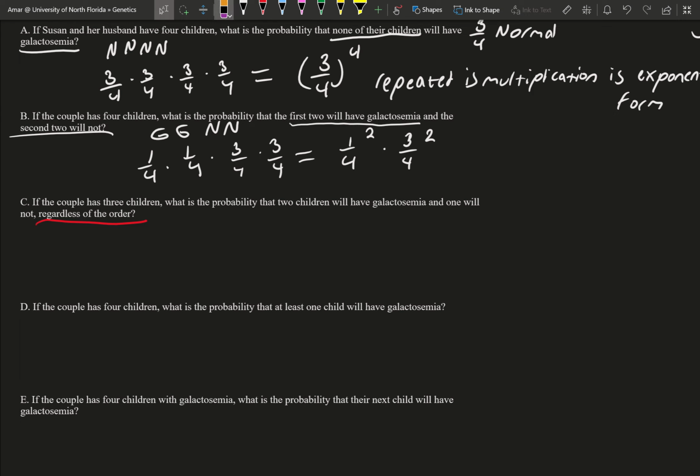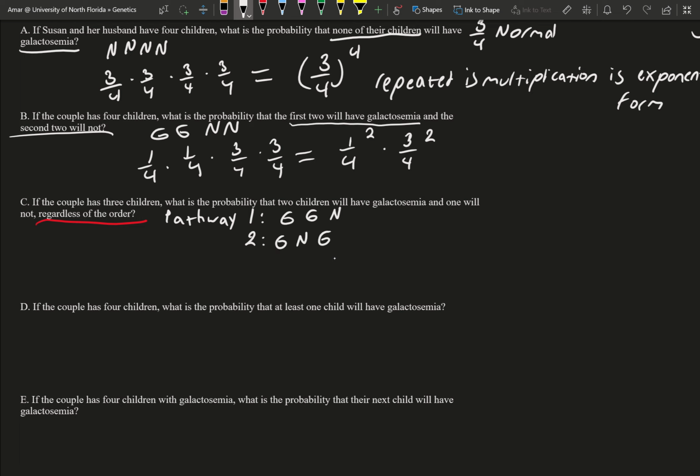So pathway number 1 will be something like where you have both of them having galactosemia at the beginning, and then you have 1 normal kid. The second one would be galactosemia, normal, and then galactosemia.